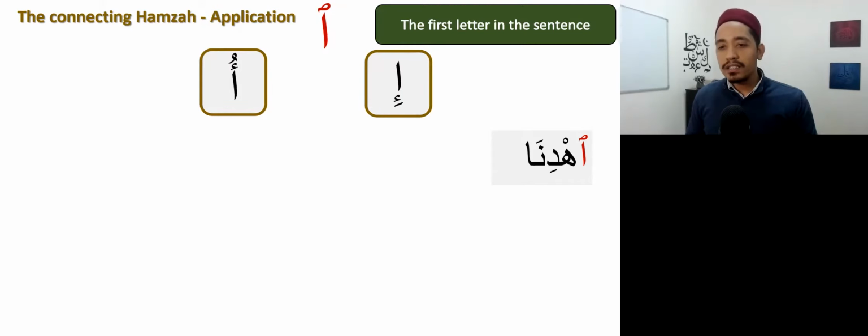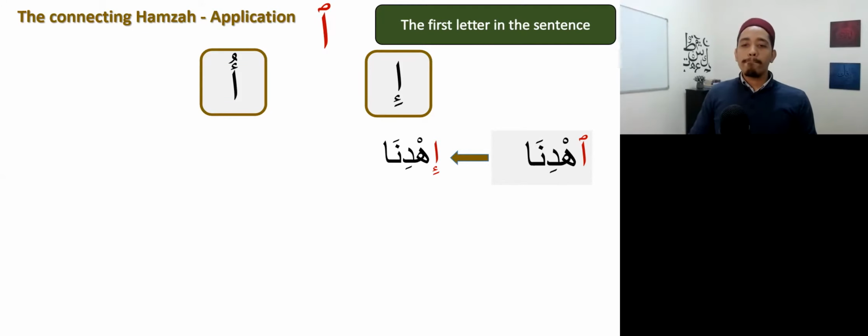That word, is it ahdina? Is it ihdina? Is it uhdina? Which one is it? We already said a is when there's a lam after the connecting Hamza. Here there's no lam. Okay, so is it ihdina or uhdina? Let me tell you, it's ihdina, the kasra. Ihdina, that I know, and we all know that.